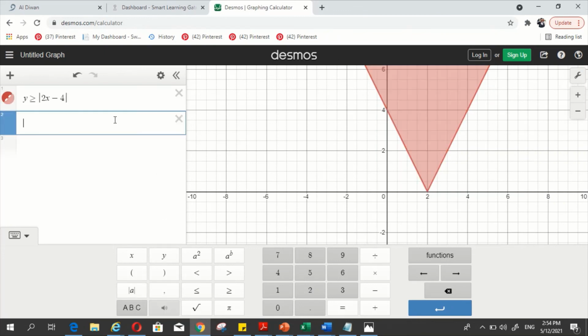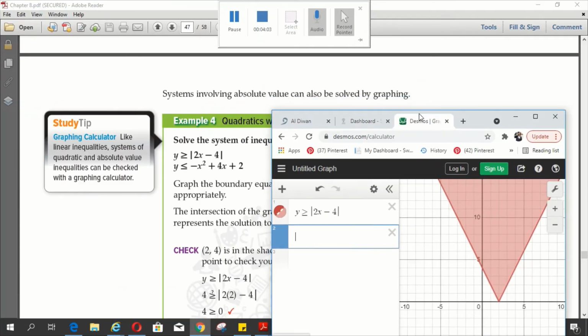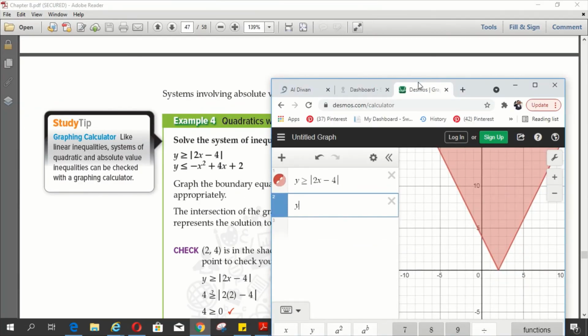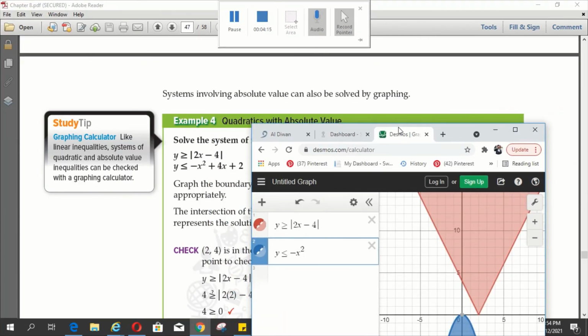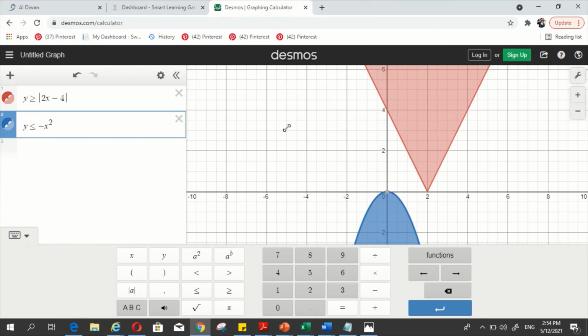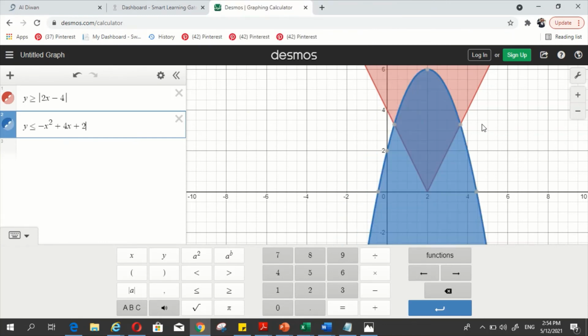The second inequality is y less than or equal to minus x squared plus 4x plus 2. Okay, so this is the intersection region.